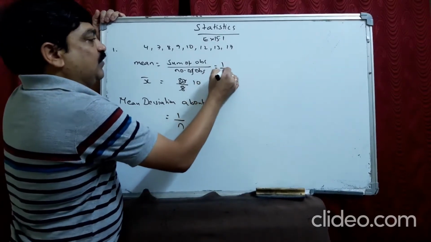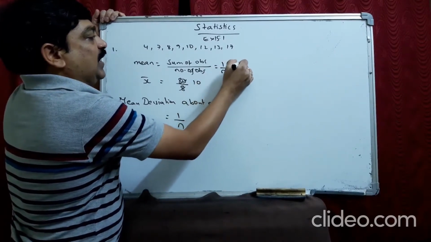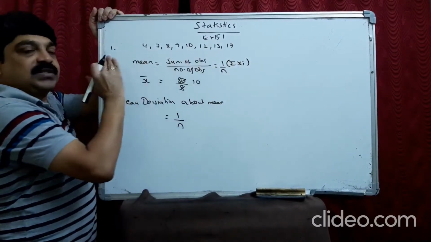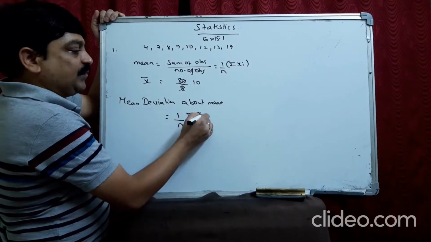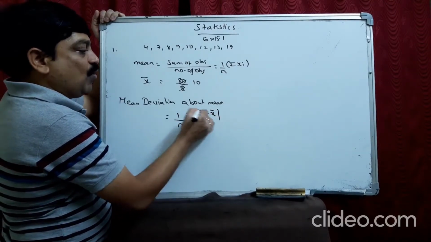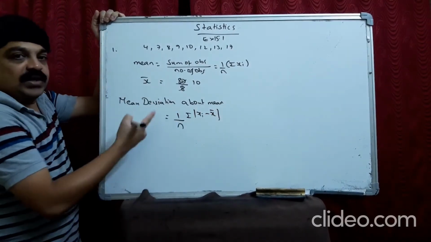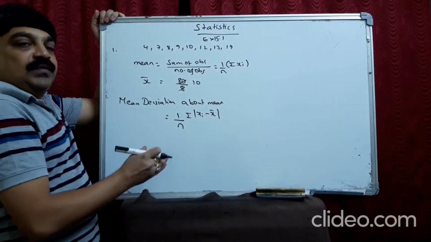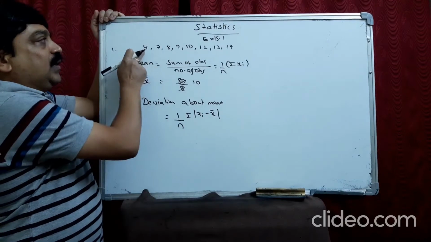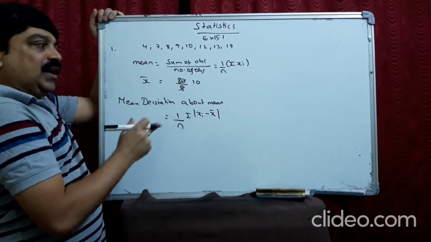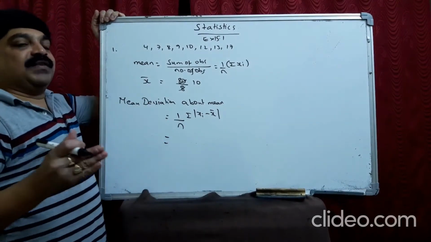You can write this as 1 by n into sigma of modulus xi minus x bar. Sigma means sum of all. Modulus means the difference of the observation with the mean, ignoring sign.